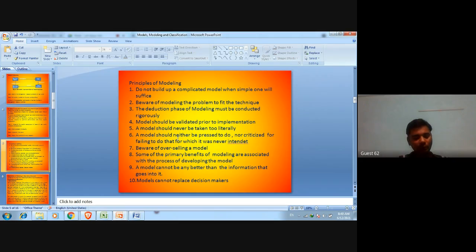It is also worrying that real things change in time. A highly satisfactory model may very well degrade with age. So periodic re-evaluation is necessary. Means you have to control your model from time to time. You have to observe your model when you are using it.